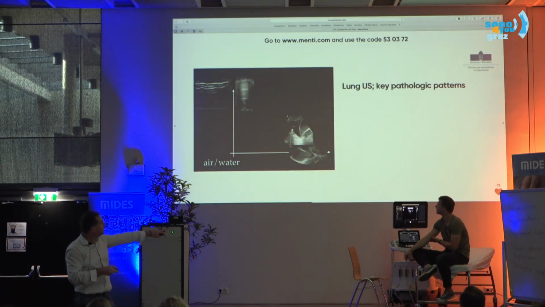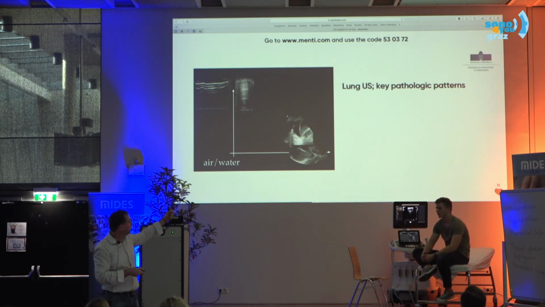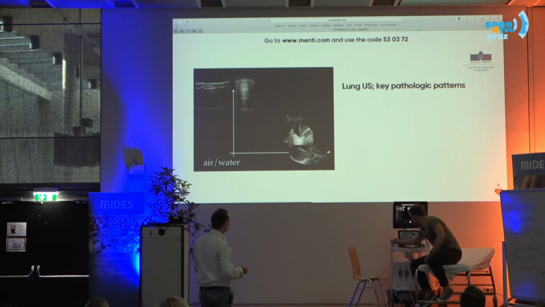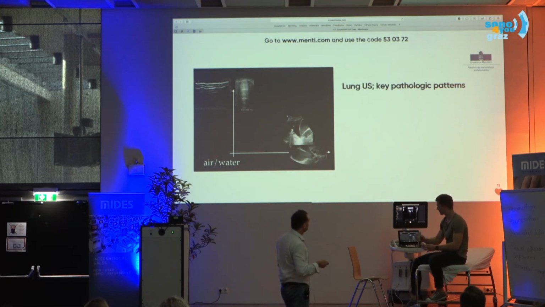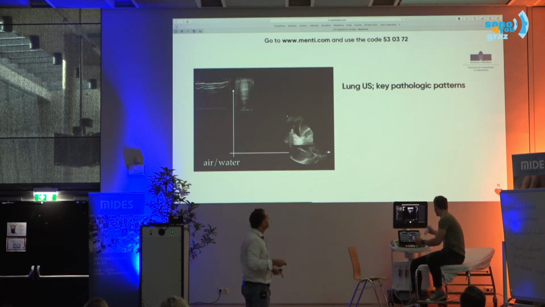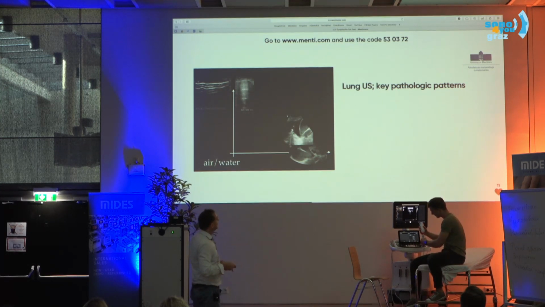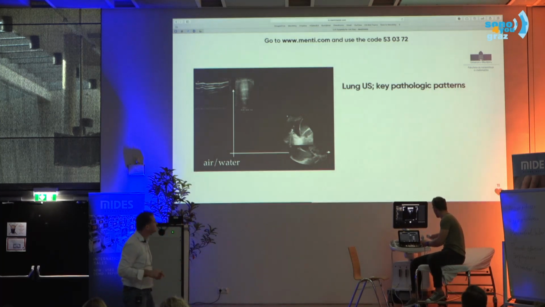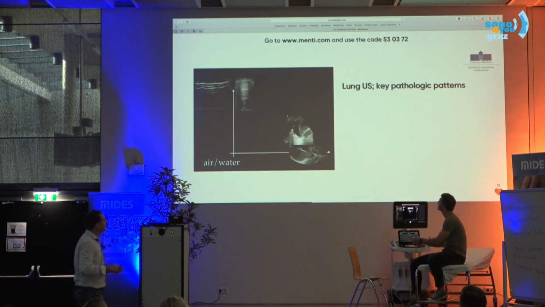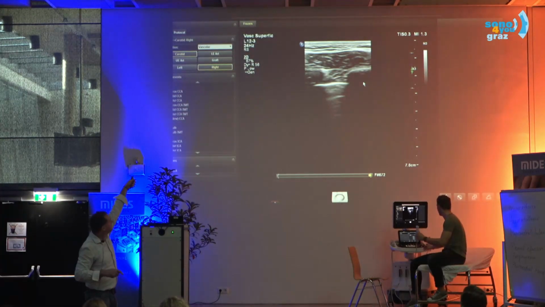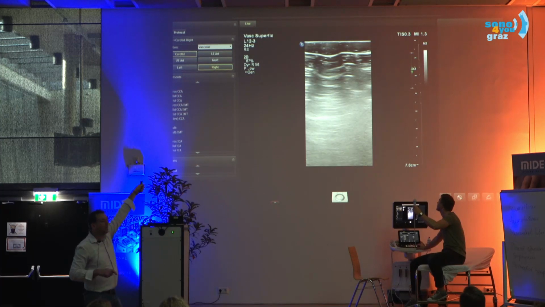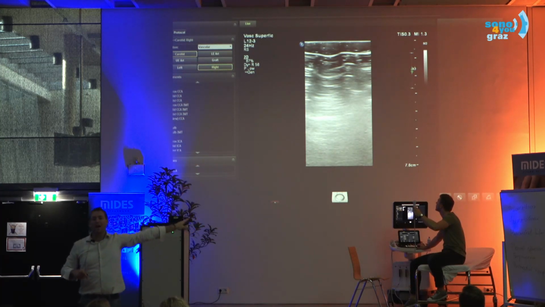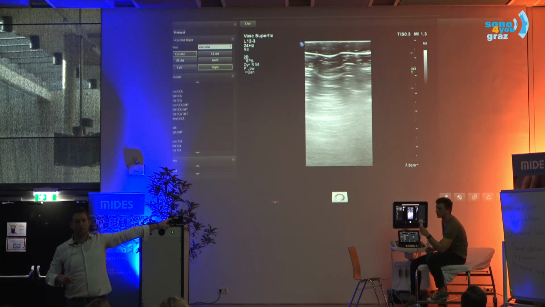But if we put the probe up in the air, can you put the probe up in the air, linear probe? Yeah. Put the gel on. Can we have the screen, please? Okay, and put it up like a torch. Yeah, unfreeze. Where is this ultrasound probe looking towards? What is it seeing?